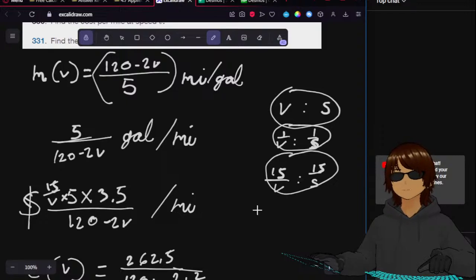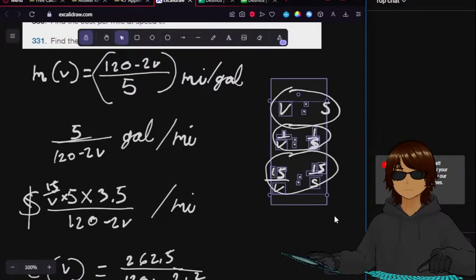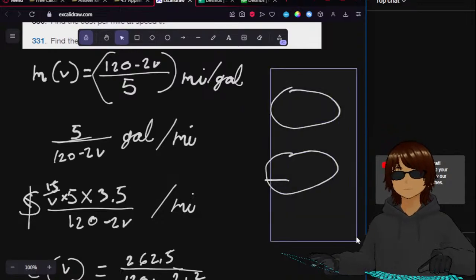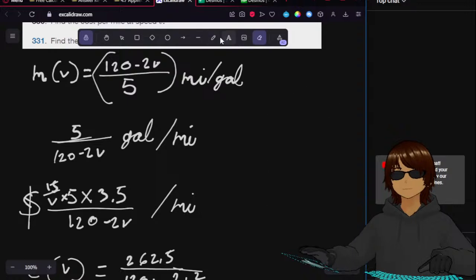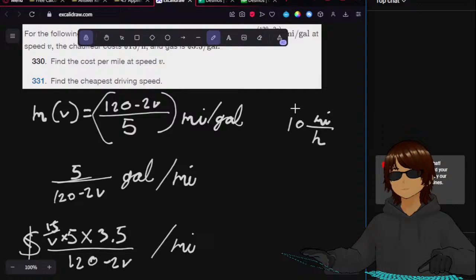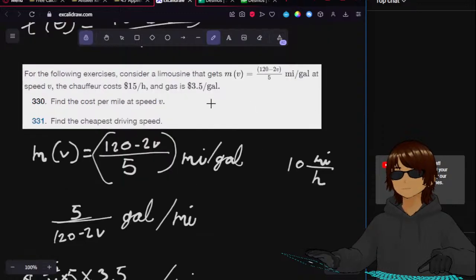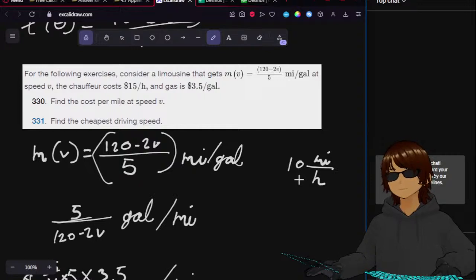Let's say V is 10 miles per hour. Then for 10 miles, spend 1 hour, spend $15.